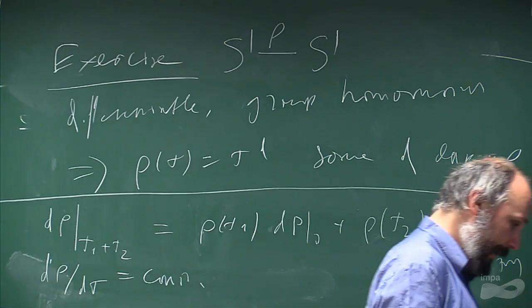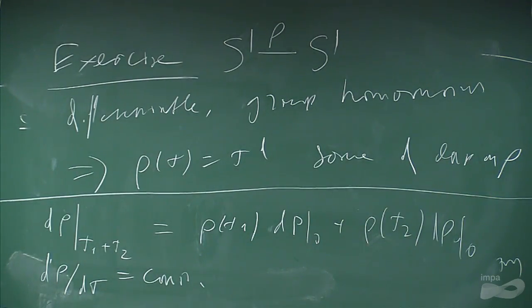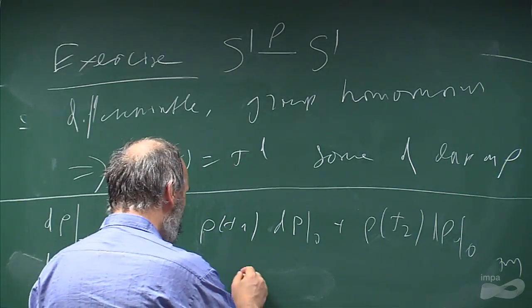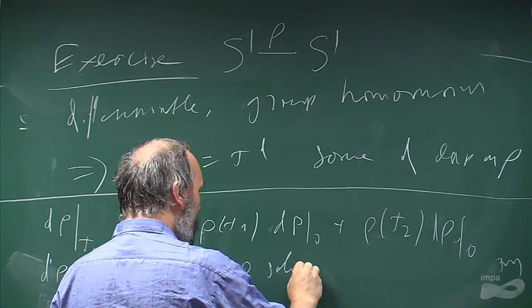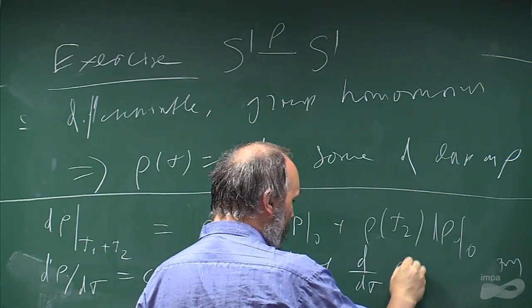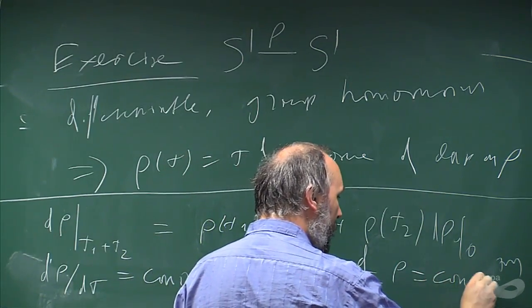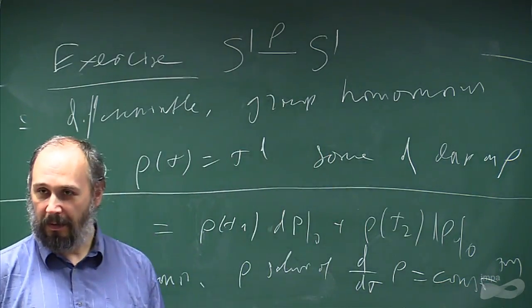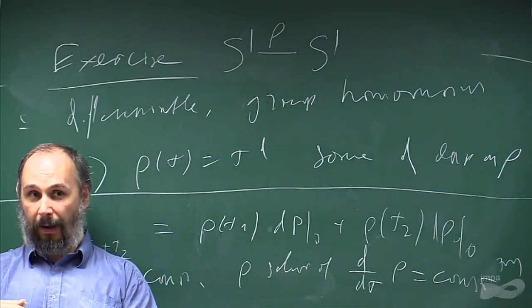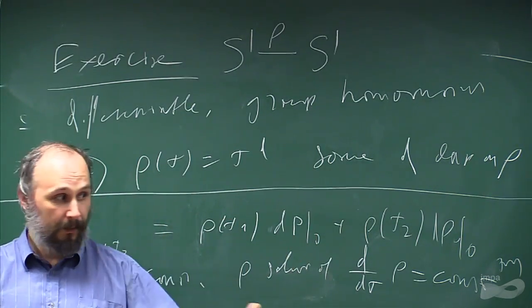Then rho is a solution of the differential equation d by dt of rho equals a constant. If you lift it to a cover, considering it on R, this would be just a linear function.